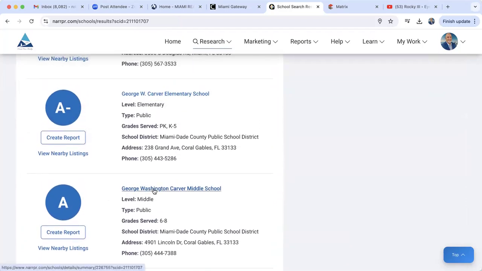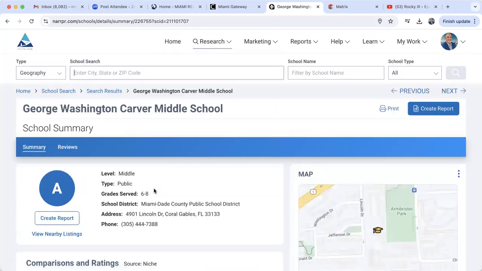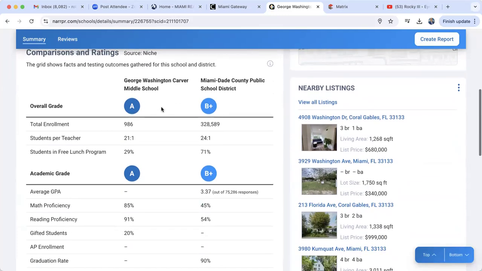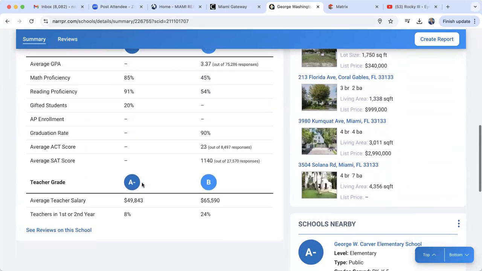So let's say that the child is in middle school. You want to know more about George Carver Middle School. You got summary and you got reviews. So here's the summary. And the source is Niche. And that's a website that does school reviews and ratings. And you have your overall grade, and you have your academic grade and your teacher grade.